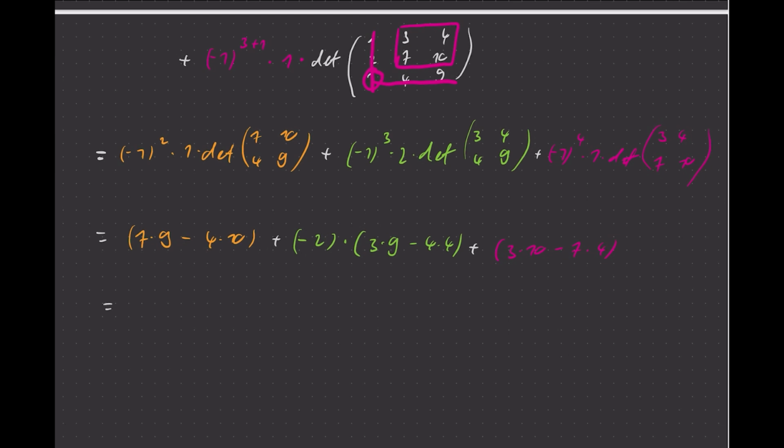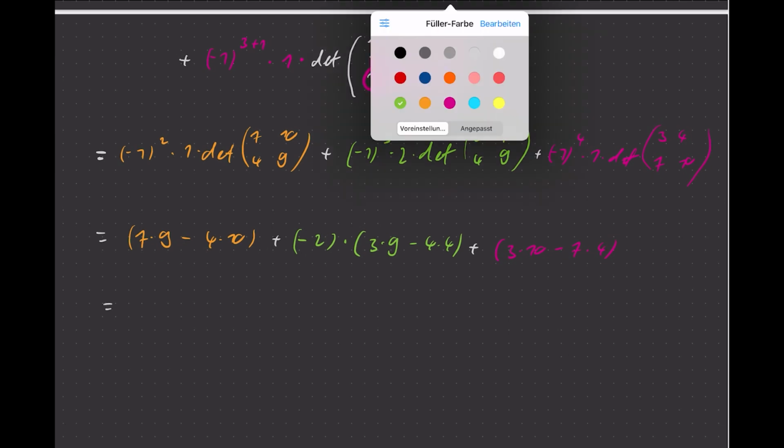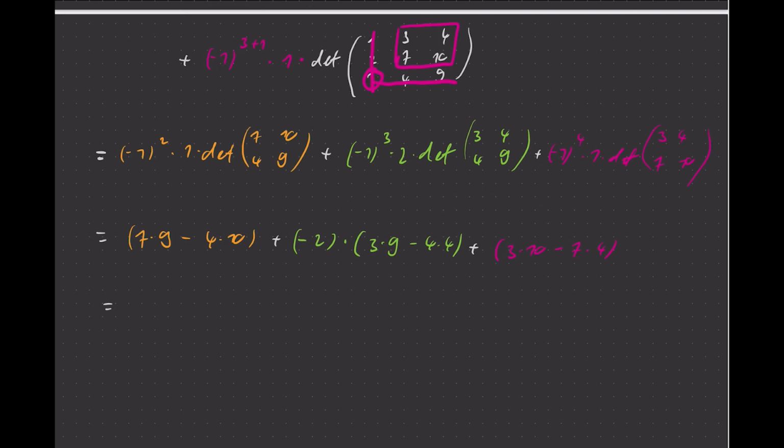What do we get in the end? So 7 times 9, that is 63, minus 4 times 10, that is 40. So we are left with 23 here. Plus 3 times 9, that's 27, minus 4 times 4, that's 16. So that's 11 times minus 2.